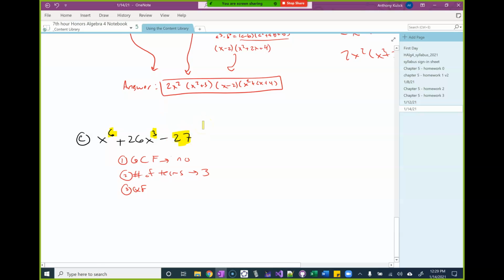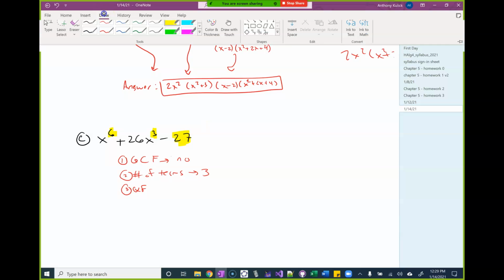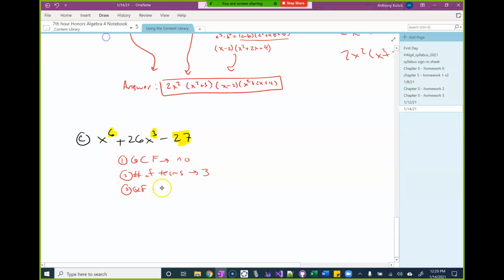So yes, we are in quadratic form. It basically just needs to look like a quadratic. It's not actually quadratic yet. Then we check the leading coefficient to see if that's 1, which it clearly is. So it tells us we can do the shortcut factoring.